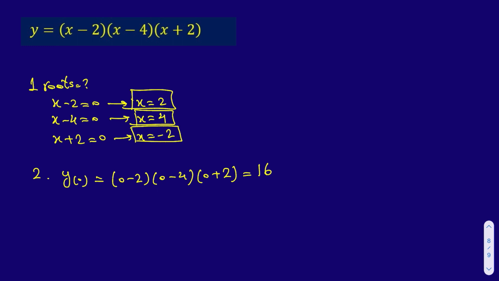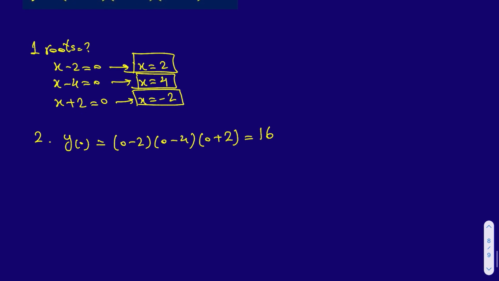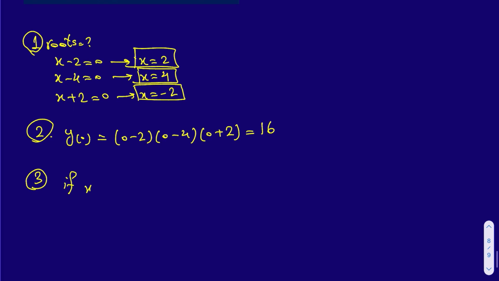And also we need to know whether it's shape 1 or shape 2, because we also had 2 polynomials. So in order to find this, we need to determine the shape. We need to say step number 3, which is: if x approaches positive infinity, then what will happen to y?